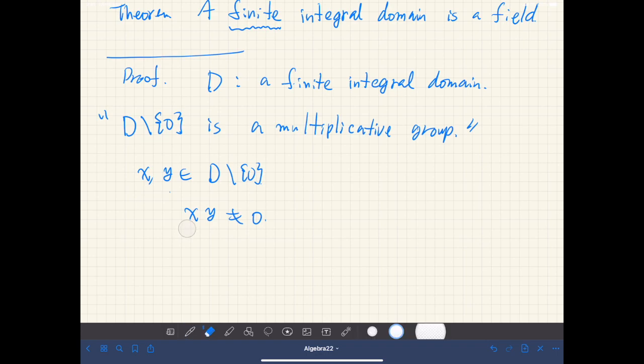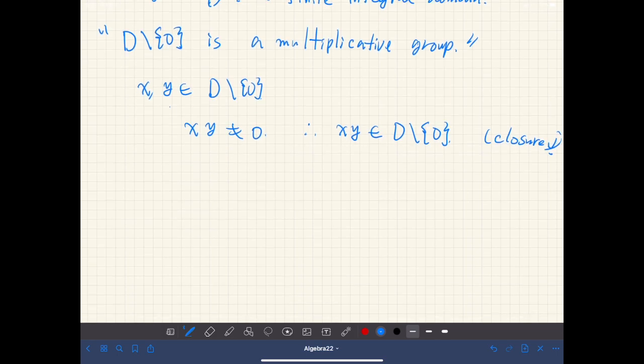So the product of x and y must be non-zero. Therefore, xy belongs to D minus 0, and closure is satisfied. And associativity is obvious, so we just skip it.